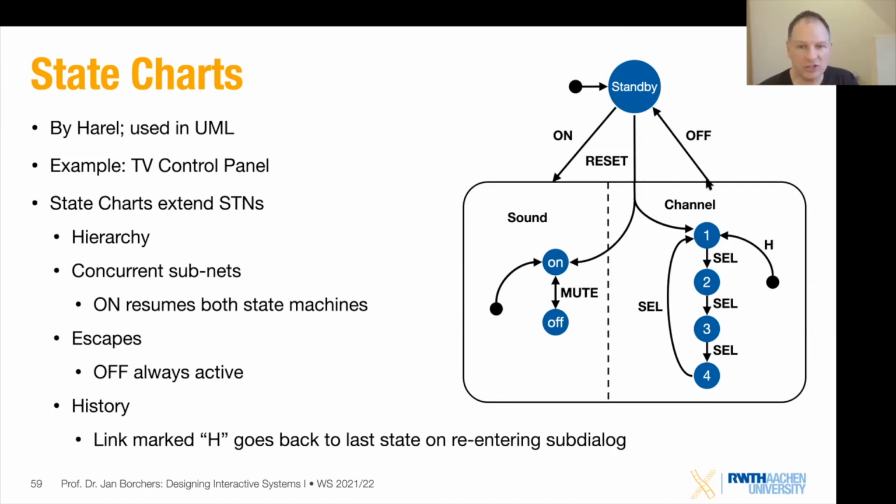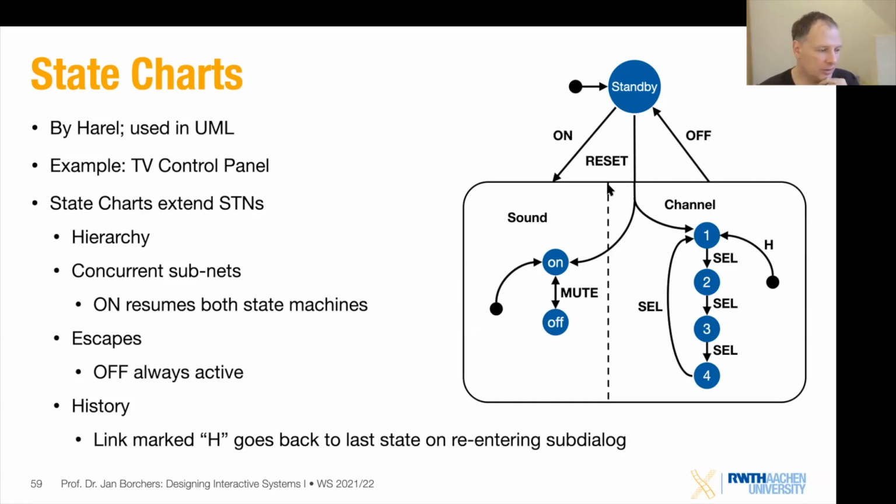That means that it is really dangling off every single state inside my subchart, right? So every single state inside the subchart here has an off arrow dangling off it, and that leads to the standby state.